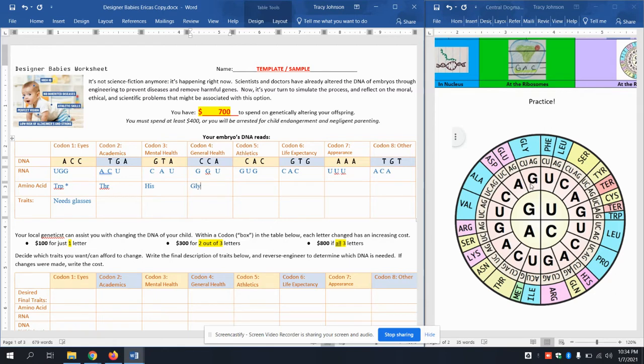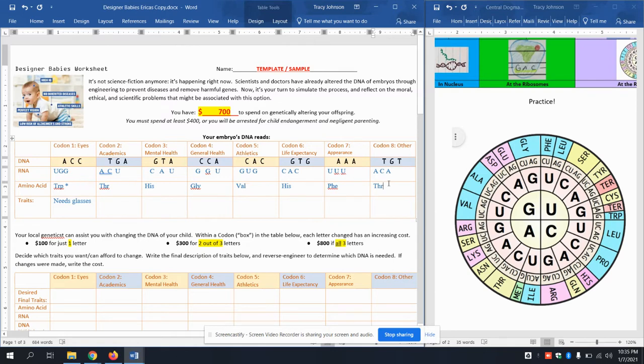GGU leads to glycine. GUG, valine is the next protein ingredient. CAC, once again down here, CAC leads to histidine. And then we've got UUU, that leads to phenylalanine, which is popular in diet sodas. And then the last one is ACA, that leads to threonine, something that is also common in energy drinks.